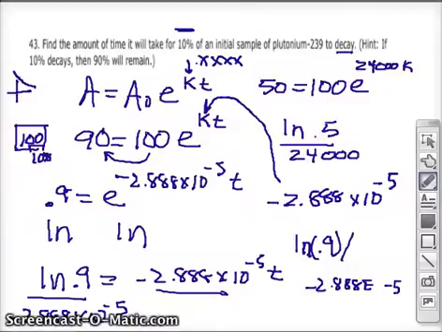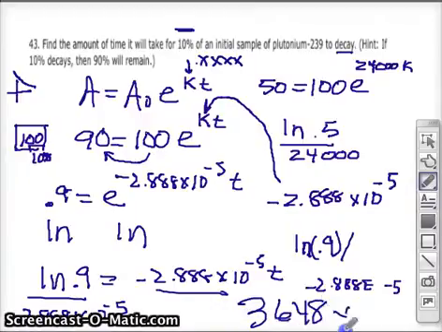Ln 0.9 divided by negative 2.888 e to the negative 5. Okay, I get 3648. That's years. So it takes about 3,600 years for 10% to decay away. That's the answer for number 43.